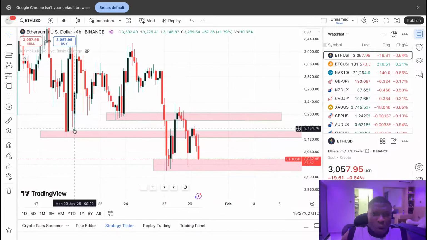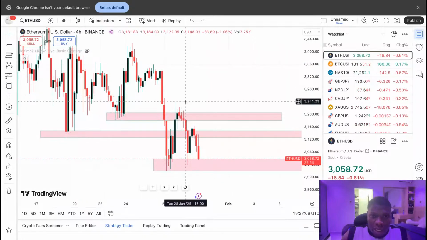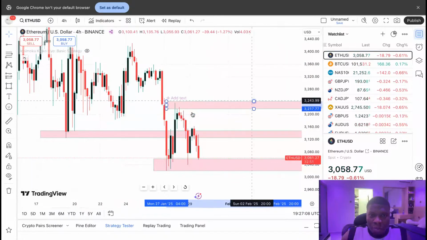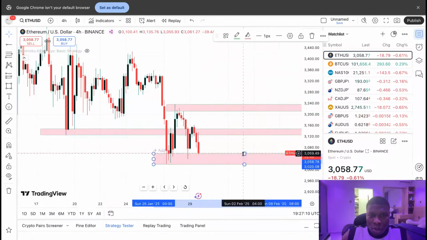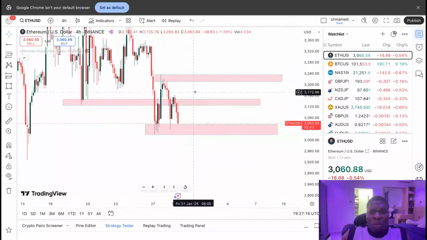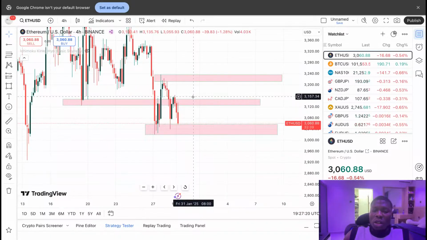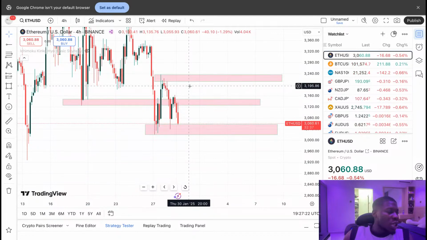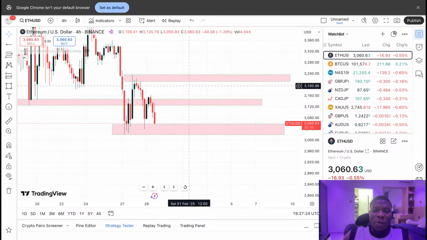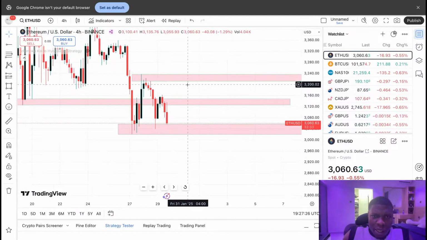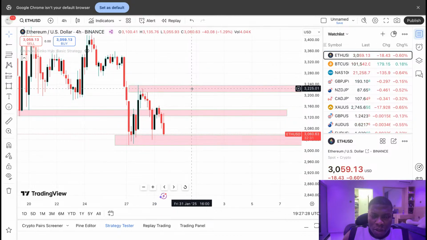So before this support we break, Ethereum needs to either reclaim this zone or break this zone. So for the meantime, Ethereum will have to trade in this region. You won't expect much movement until it either reclaims this zone or breaks this zone.